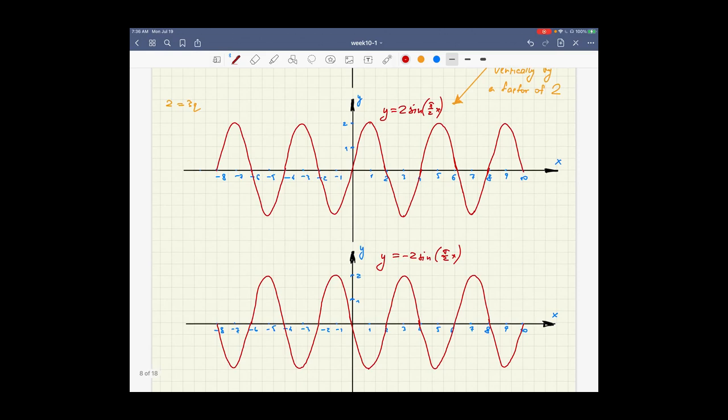So the transformation that we did from the last step was simply reflect about the x-axis.